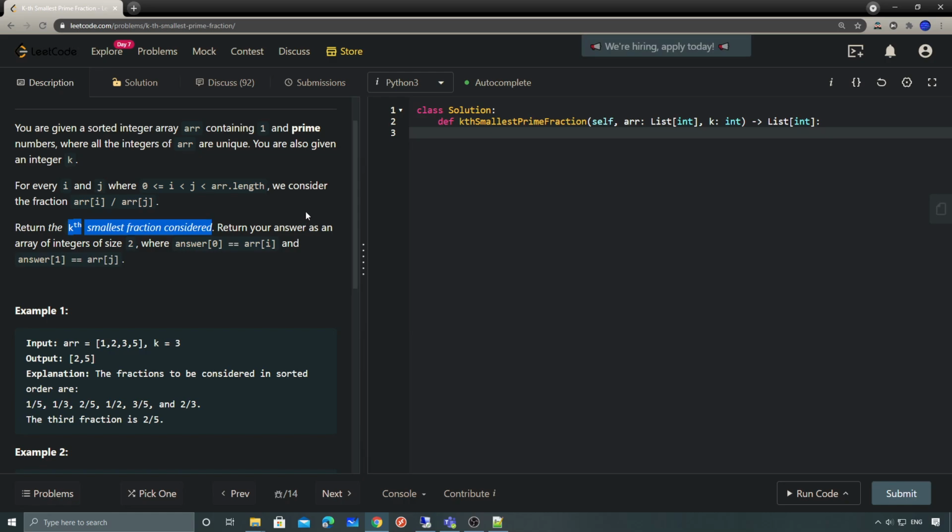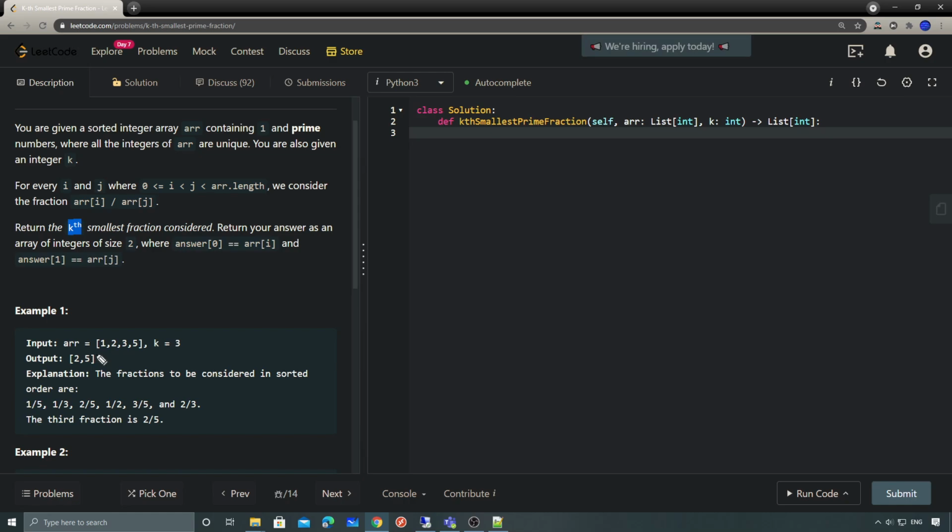Then we keep popping from the priority queue, and the k-th number that we pop out will be our k-th smallest, because the priority queue always stores the current smallest numbers. So we can improve our time complexity by not enumerating all the possible fraction pairs.